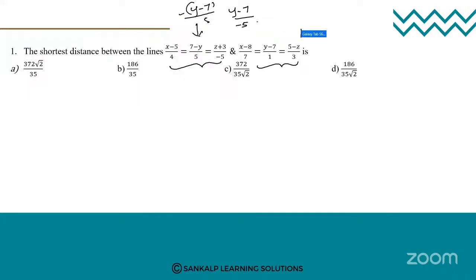This is the same way: z minus 5 by minus 3. That's all, everything else stays the same. If you want, I will give the answer: 4 pi minus 5. Option C will be the answer for this. I will leave this as homework. Just now I solved the exact same procedure.